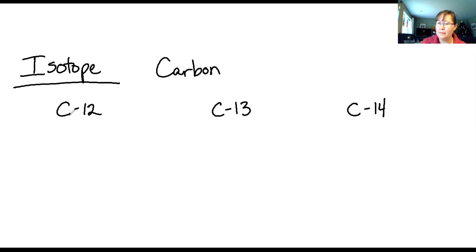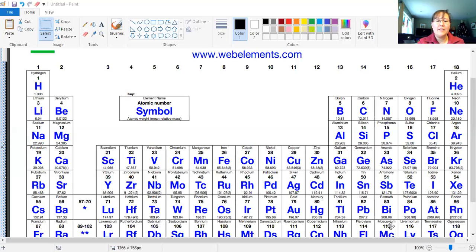So carbon has, and actually, let's go look at the periodic table for a minute. I have a couple here. This one is blown up a little bit. I'm going to move things around on my screen just a little bit. Now let's take a look at this.